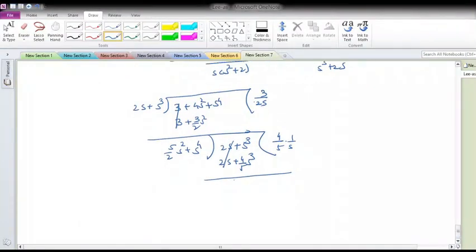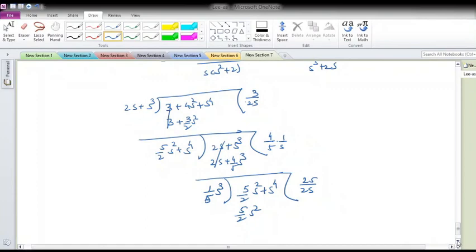Now what is the remainder? 1 minus 4 by 5, so it will be 1 by 5 s cube, and then you divide with 5 by 2 s square plus s raised to 4. This will be 25 by 2s, and you will get 5 by 2 s square.